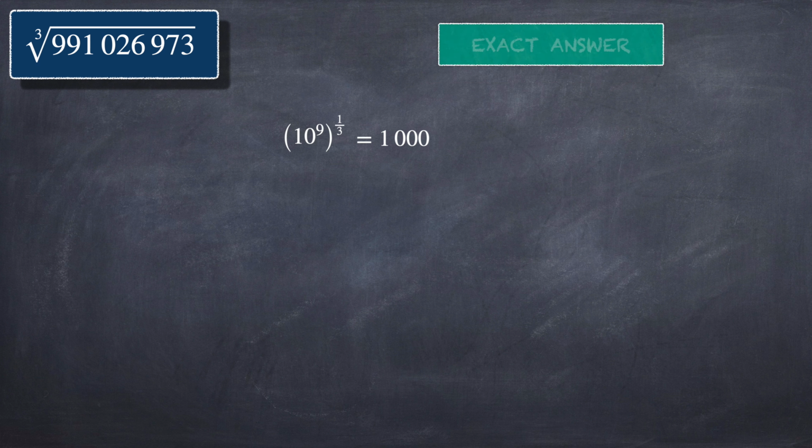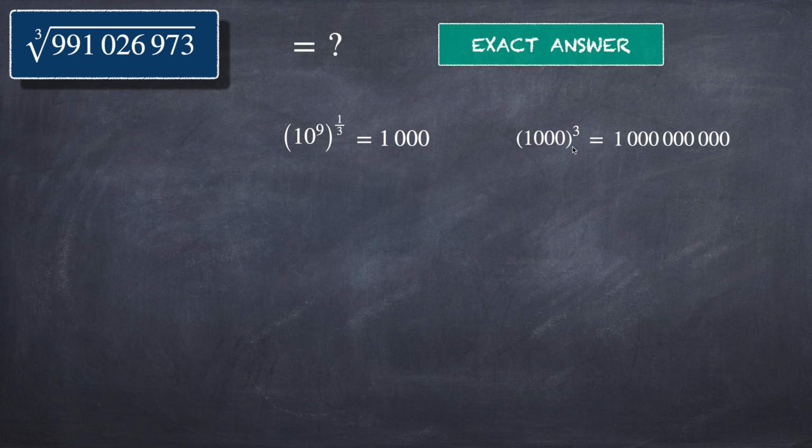Okay, so that was an approximate answer, but we want an exact answer, an exact value. Let's proceed rewriting this equation in a different form. Let's raise to the 3rd power both sides of this equation. So 1,000 cubed is 10 to the 9, or 1 billion.